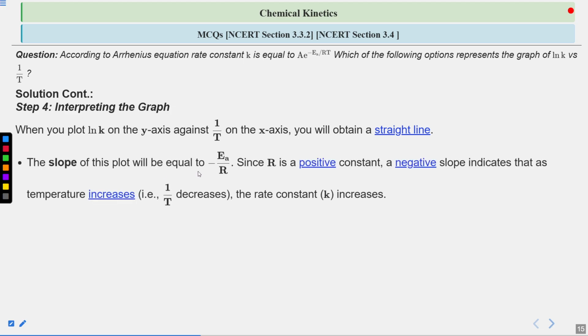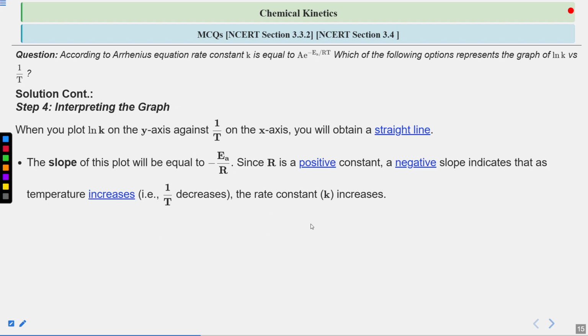Slope of this plot will be equal to minus Ea by R, which is negative. So R is a positive constant. And a negative slope indicates that as temperature increases, the 1 by T decreases, because 1 by T is representing the x-axis, right?